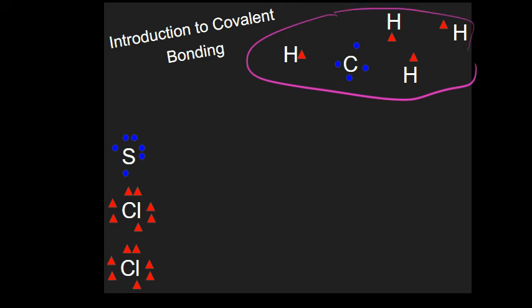We could have them share electrons and become stable with filled outermost shells of electrons right here. Carbon has 4 valence electrons, and if hydrogen only has 1, then if we draw something like this, the carbon and all of the hydrogens are going to be stable.